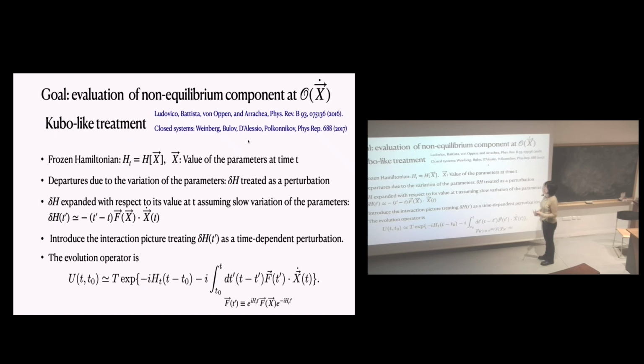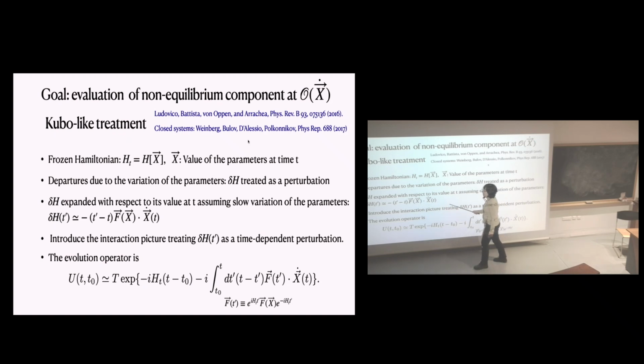We will introduce perturbations and represent these perturbations as expansions of the Hamiltonian with respect to the time at which I freeze the system. So the perturbation will be expressed in this way.